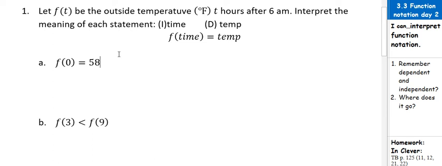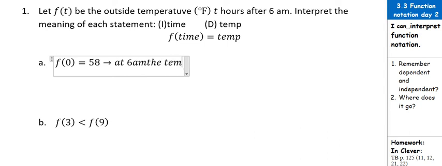So what this is telling us is that at 6 a.m., that's this part, the temperature is 58 degrees Fahrenheit.